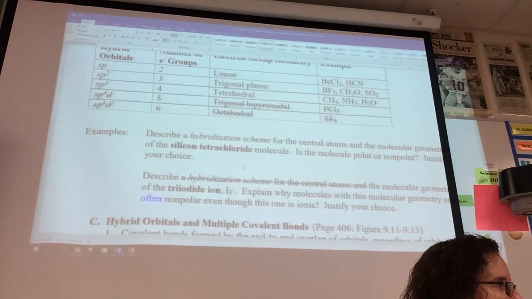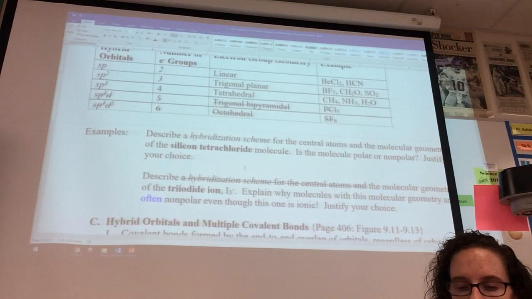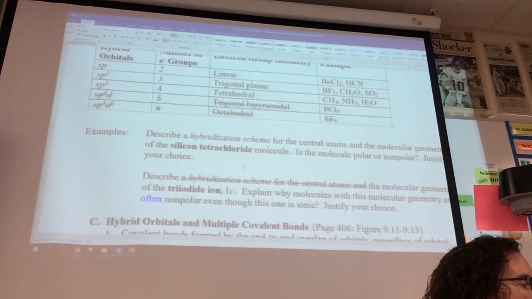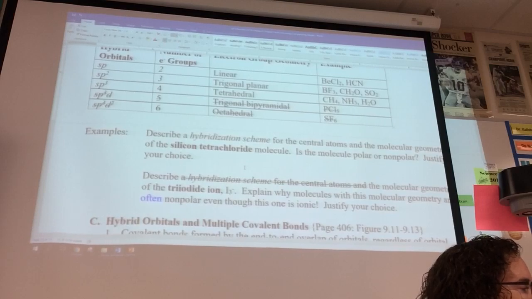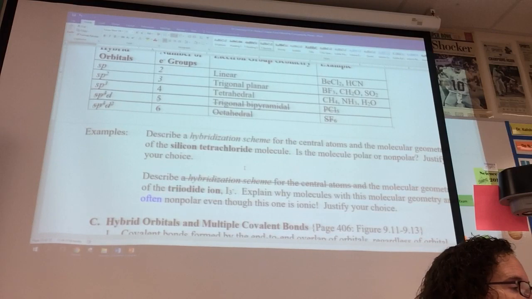For this first problem, it says describe a hybridization scheme for the central atoms and the molecular geometry of the silicon tetrachloride molecule. Then we want to know if it's polar or nonpolar, and we want to justify. So first up, we'll do this one together.